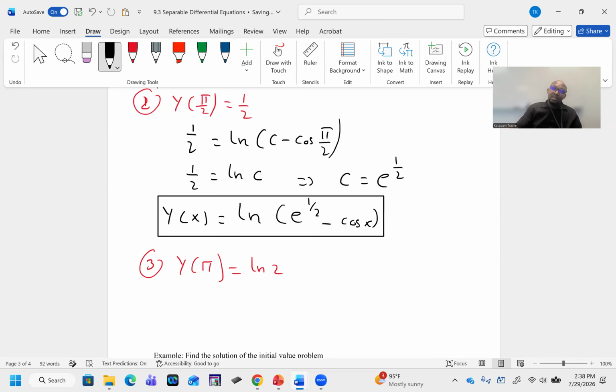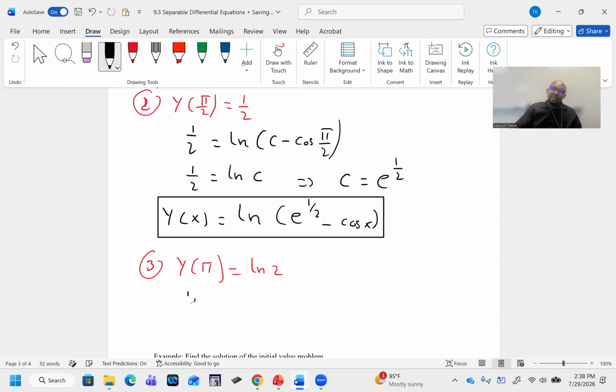So this means ln of 2 is equal to ln of c minus cosine of pi.